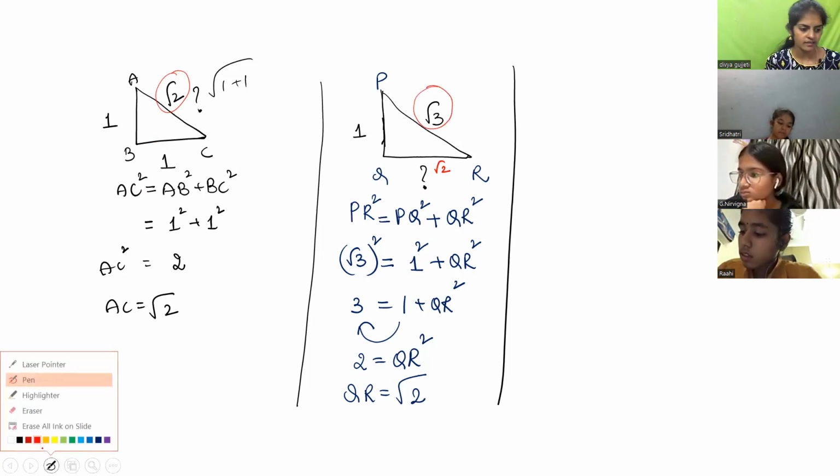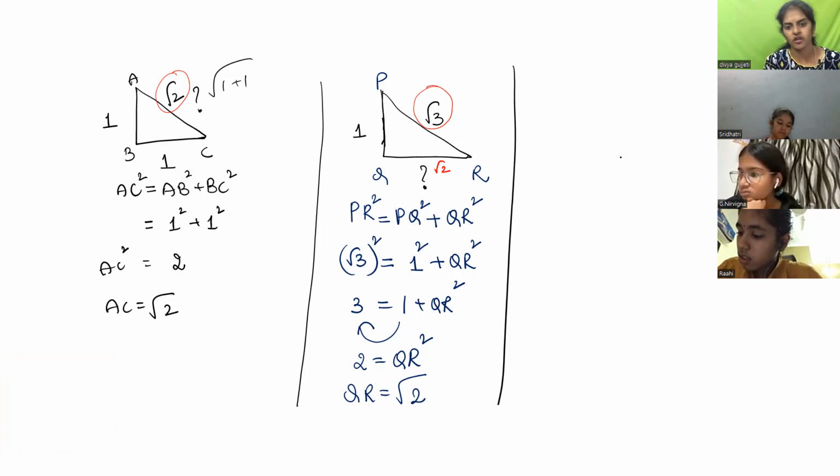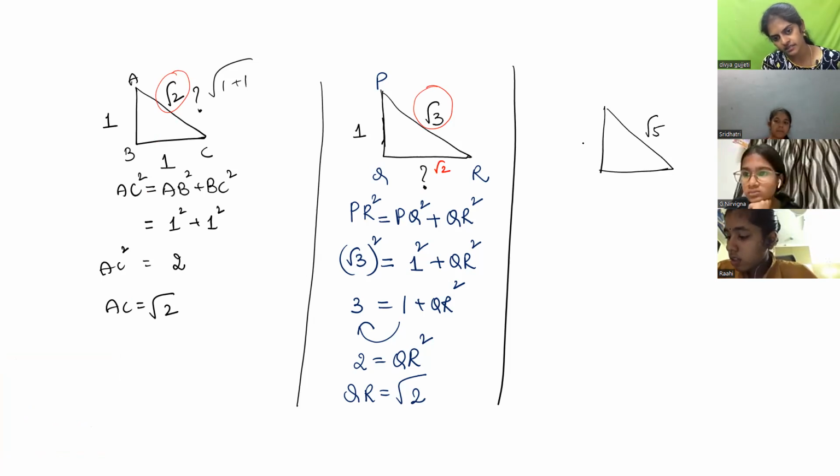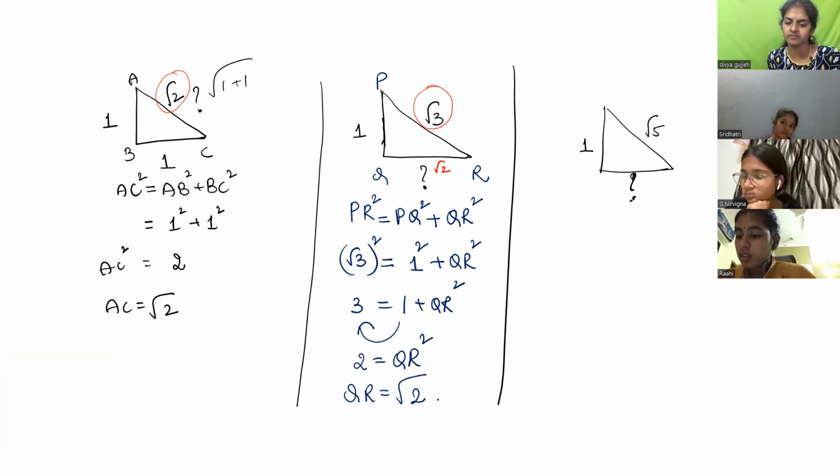Now your textbook question, what was it? Root 5. That root 5, I would like to take it on the hypotenuse here, and I will write a 1 here. Now tell me what should come here. Same process.